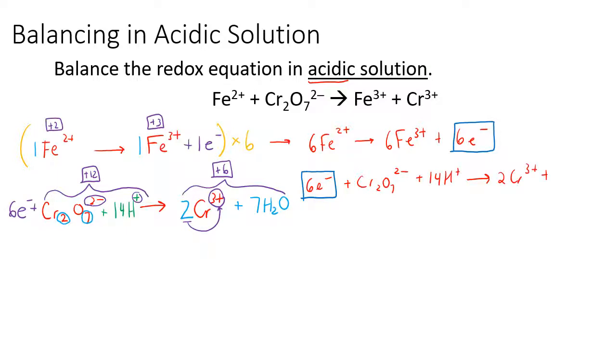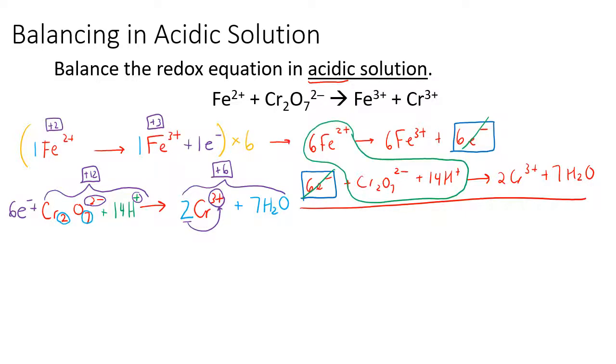So rewriting our second half reaction, we can more easily see where we're going to add together. Our electrons will cancel, and then everything on the left-hand side of the arrow gets added together, and everything on the right-hand side of the arrows gets added together.